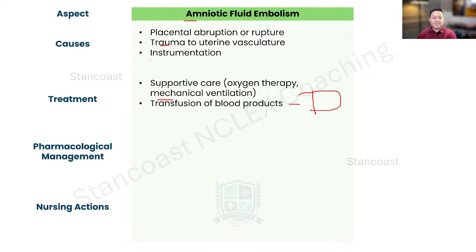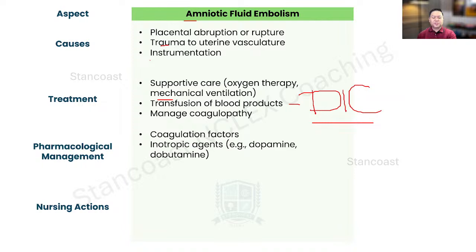Again, guys, the amniotic fluid embolism can lead to the release of pro-inflammatories, which can cause the disseminated intravascular coagulation. And so the body will be depleted of those clotting factors and also the platelets. So there will be a need for us to transfuse the patient with blood products. It could be FFP in order to treat the bleeding disorder and also to stop the hemorrhage.